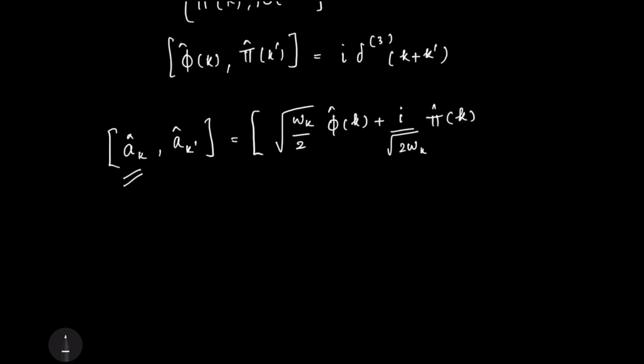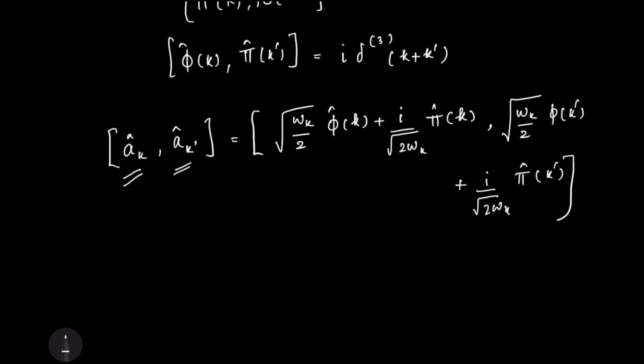Now again for a_k prime, I have to change k to k prime: root of omega by 2 phi(k prime) plus i by root of 2 omega_k pi(k prime).